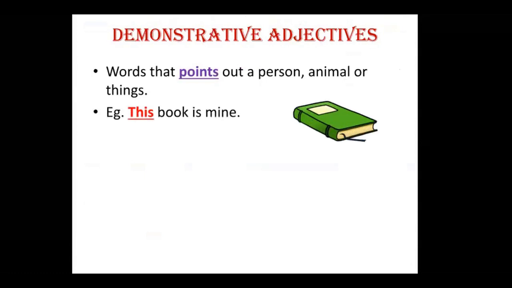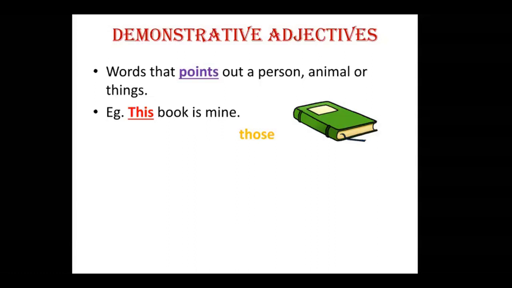This book is mine. Here the noun is book and the word this is pointing out the word book. This book is mine. So the word this is a demonstrative adjective.